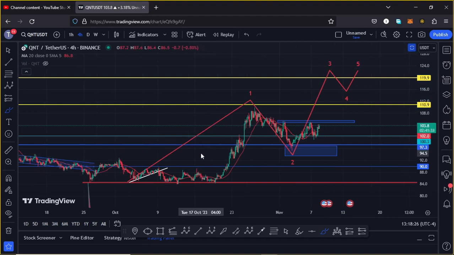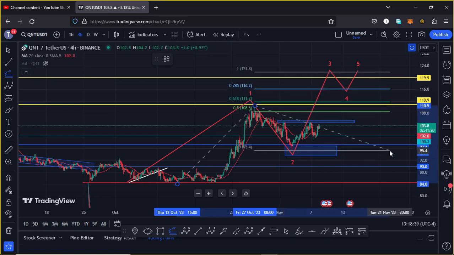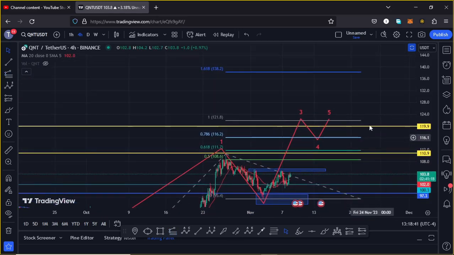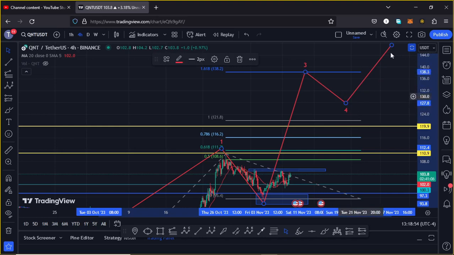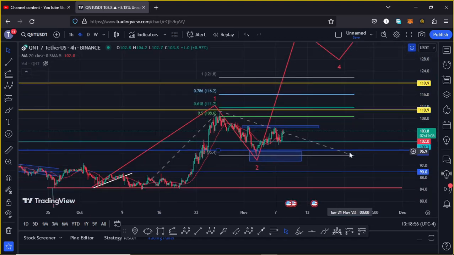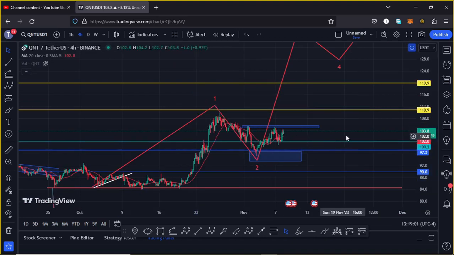The minimum target areas for the third wave can be given by connecting the trend-based Fibonacci from the low of the first wave to the high of that wave 1, then dragging the fibs to the low of the second wave, giving me a minimum target area at the Fib level 1.618, and that is above the $138.2 mark. And once we have a high in that wave 3, we can expect a wave 4 and then a wave 5 to the upper side. So that is what I'm expecting once we start to break above significant areas of resistance.